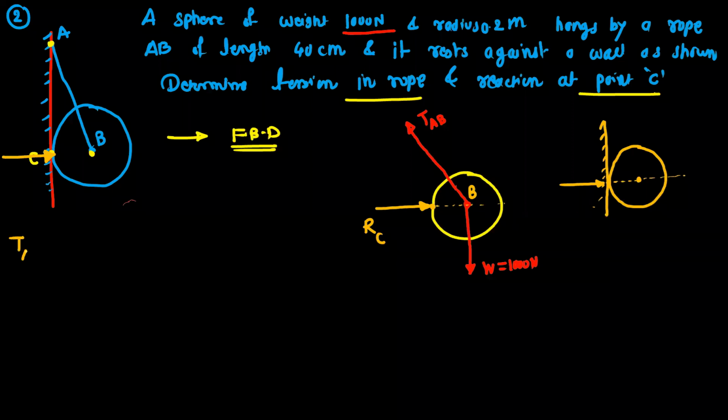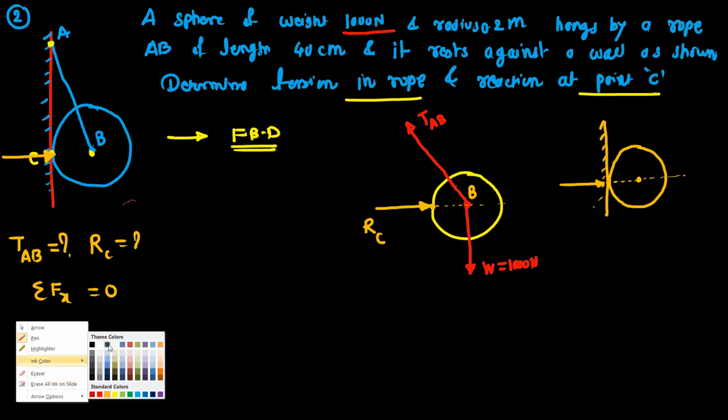Okay, now from this free body diagram, you can find out the unknown values. So unknown values are tension AB and second is the reaction RC. So you have two unknowns. So you should use two equations. First is summation Fx = 0 and second equation will be summation Fy = 0. Okay, so before that we have to resolve the forces.